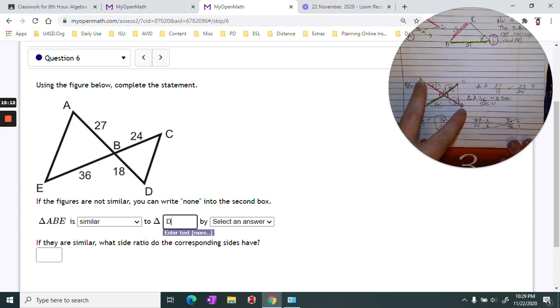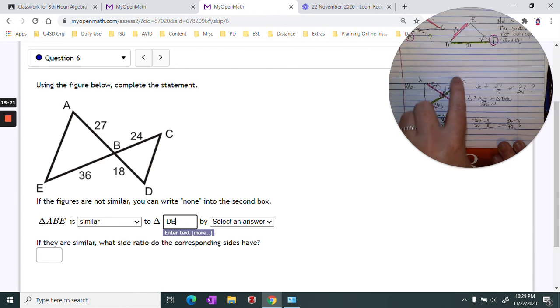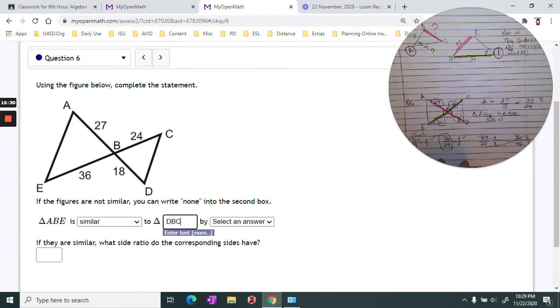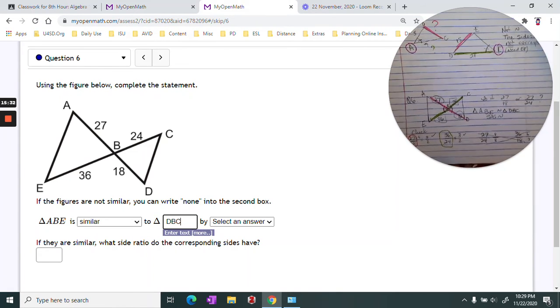We go from A to B, so I have to go from D to B. And then we go from B to E, so I'm going to go from B to C. So this is C. There we go. If they are similar, what was the side ratio of the corresponding sides?